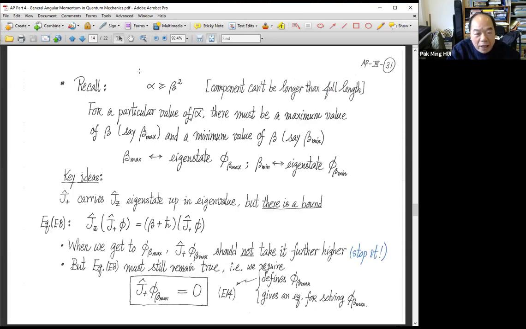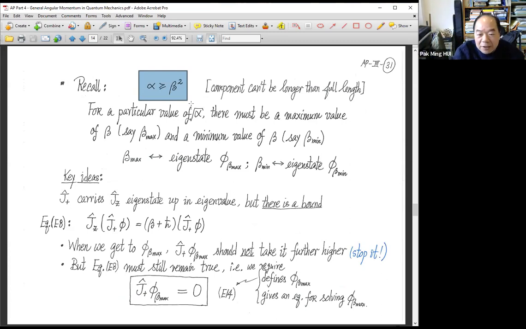So now we have this situation as I already explained in the big picture. We have a criterion: the Z component cannot be longer than the magnitude of the vector. But then we have J plus keep on raising the eigenvalue. If we don't stop it, we will run into trouble.